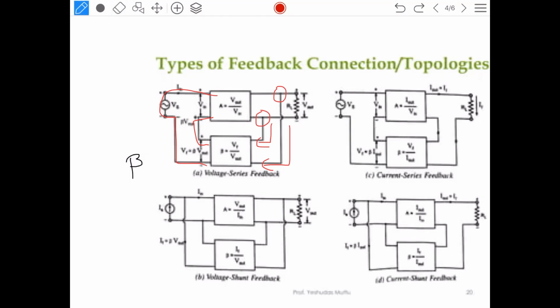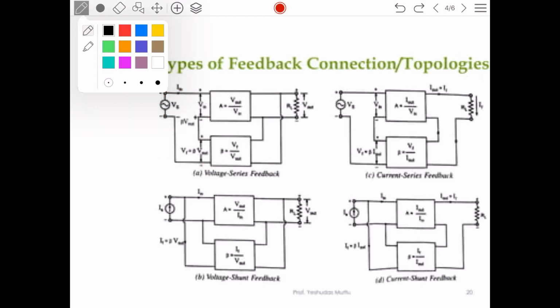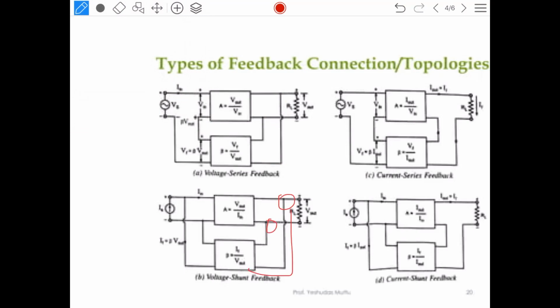Now let us understand voltage shunt. Again, the output voltage is fetched in parallel to the output. While feeding, as the name says, you are supposed to feed it in parallel. Input is going and also feedback is coming to the same place. Hence the name voltage shunt feedback.